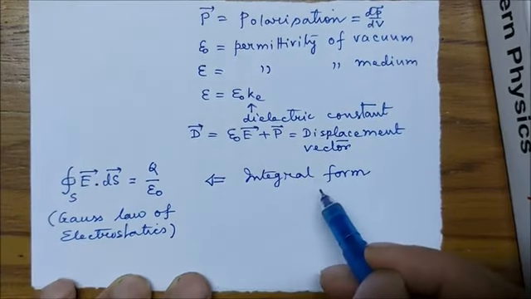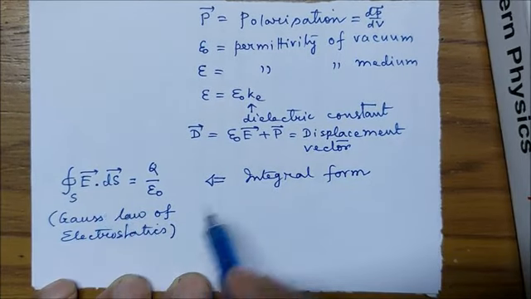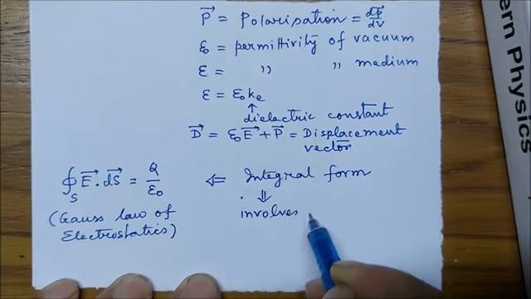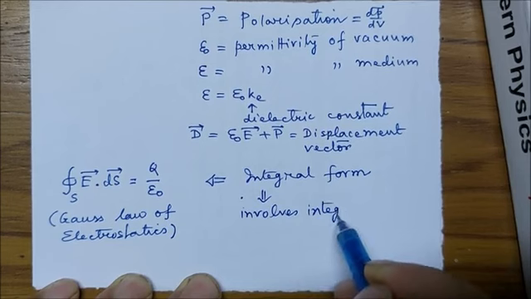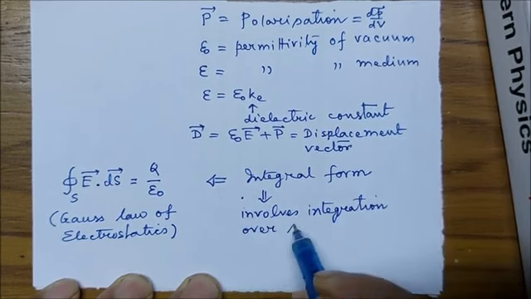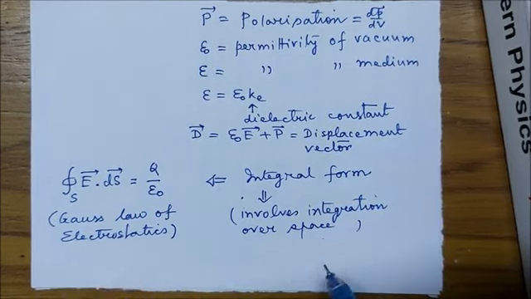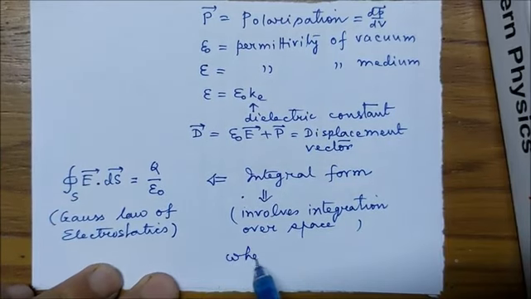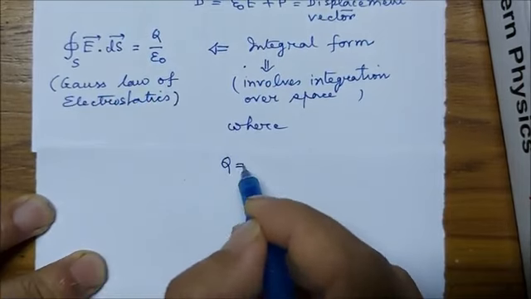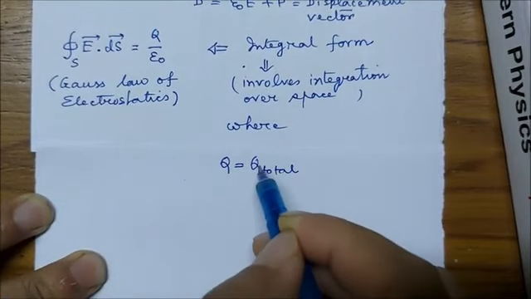Integral form because this equation involves integration over space, that is over x, y, z, where Q represents the total charge, and hence it is also called Q total.